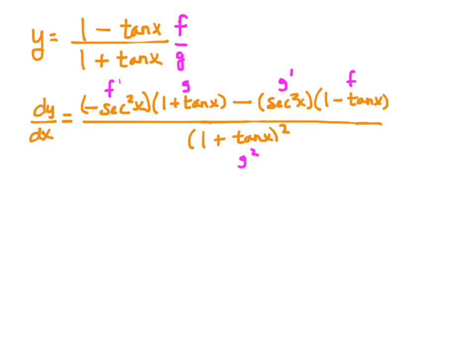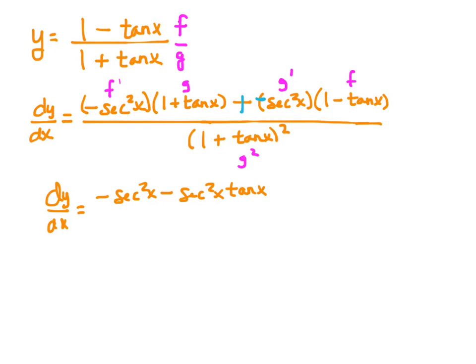All right, now on this one, I think we can do some simplifying. So let's multiply out our numerator. If I distribute that negative secant squared, then I get negative secant squared x minus secant squared x times tangent x. And then this minus here in the middle, I'm going to change that to plus and just put the negative with the secant squared and distribute it.